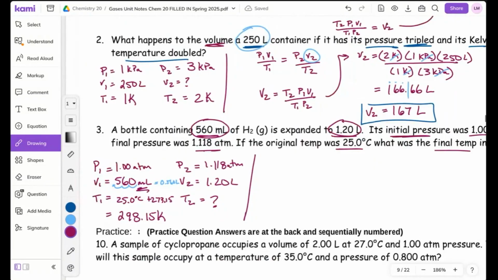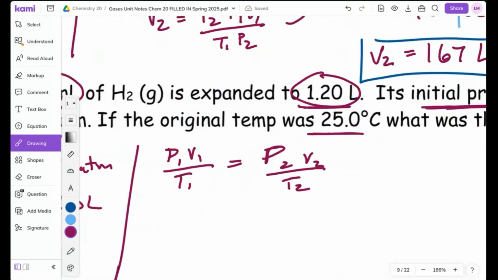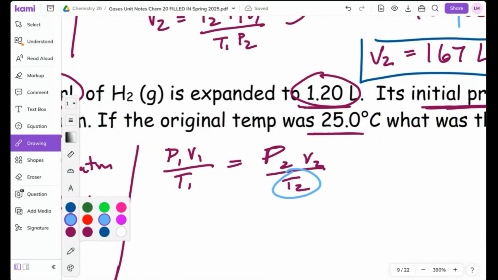All right. So since we have everything, I'm just going to get my formula done. And we can keep on keeping on. Okay, so this time around, we're looking for T2. Oftentimes, when the unknown variable is in the denominator, that kind of wigs students out a little bit. But we'll just chip away at it to get T2 by itself.